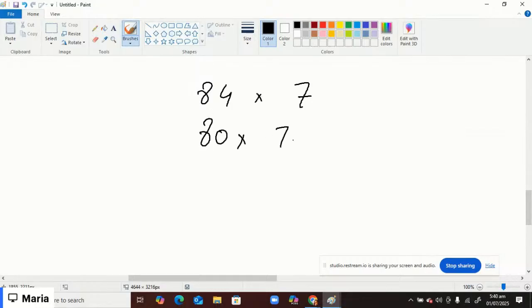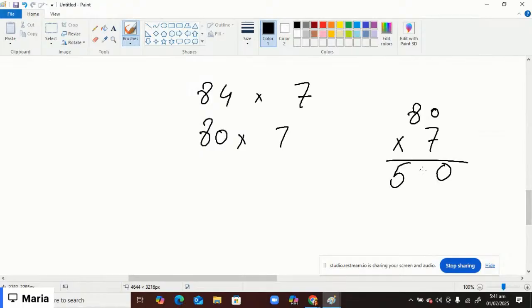Now 80 times 7. So I'm going to write it down here. 80 times 7. 7 times 0 is 0. 7 times 8 is, what is the answer of 7 times 8? Everyone tell me please. 7 times 8 is 56.